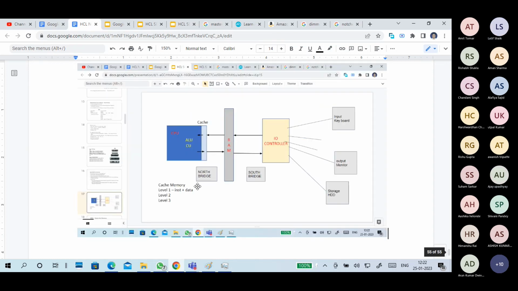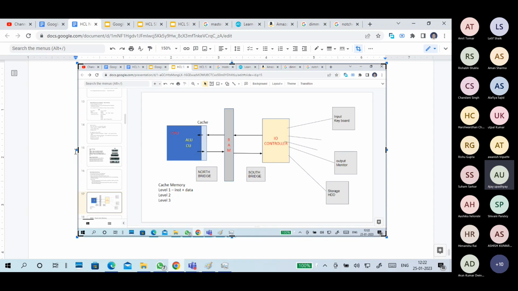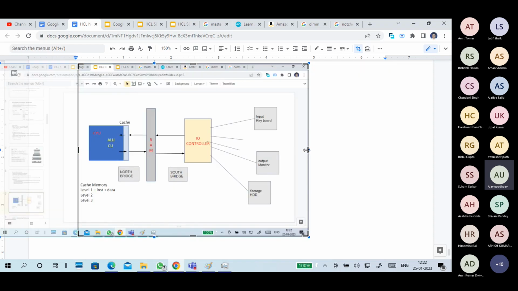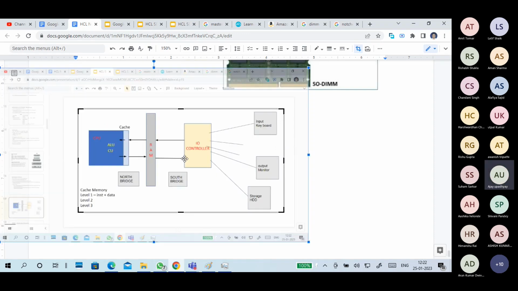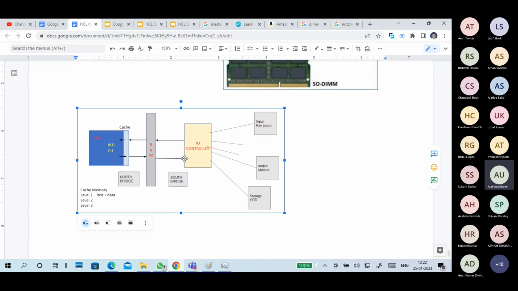Hello, sir. Tell me now. Can you tell me again about the RAM and DDR3, DDR4, DDR5? How do we know which system has DDR3 and which has DDR5, how do we categorize them, and what is the difference between DDR3 and DDR5?